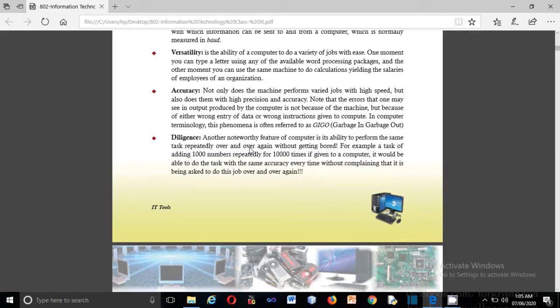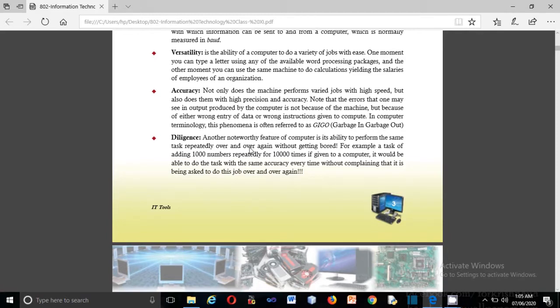If we need to do some task again and again, we will simply give it to the computer. If we get help from another person, that person will also get bored and not do that thing for you. Or if they do that thing for you, it will cost very much.